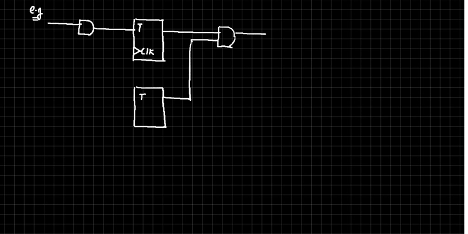AND gate. So let this be the output. As I said, the output may not be the current states or the next states. It may be a combination of the states.